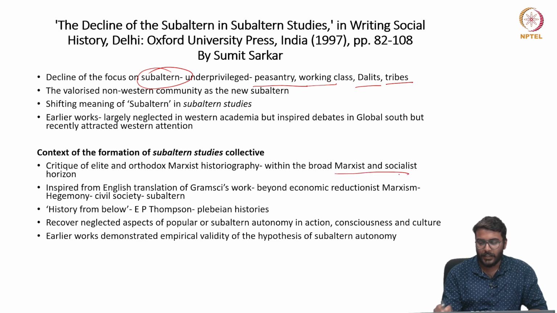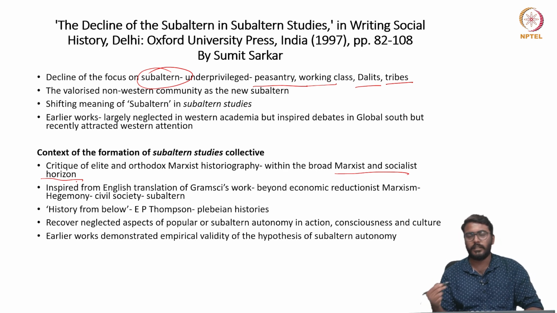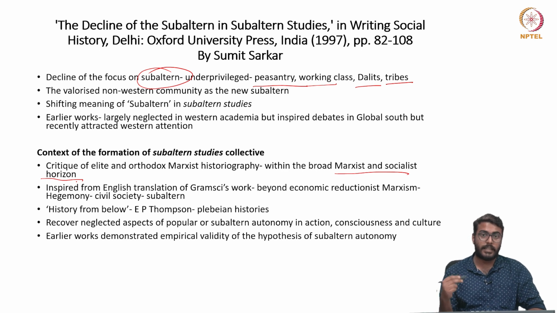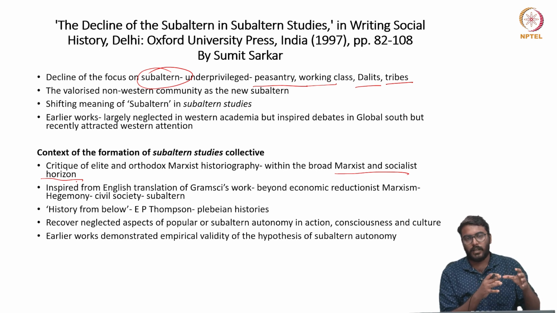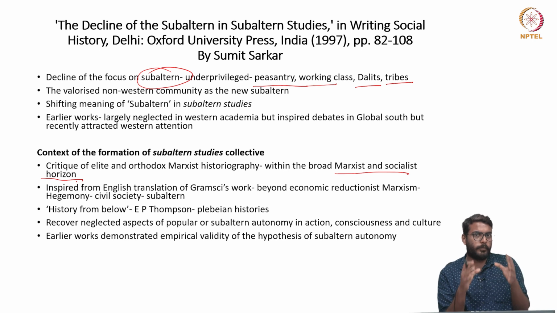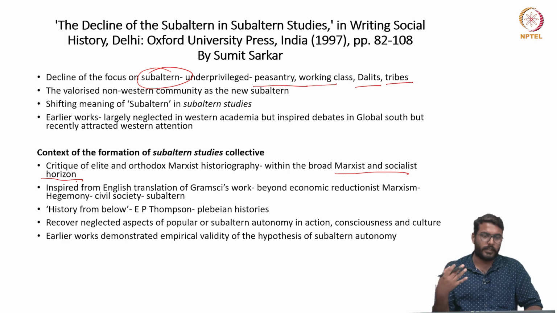So it is a movement within Marxism, but with a greater sense of what constitutes difference in the post-colonial context, right? How Marxist analysis should be sensitive to the different structures of the global south. So, it's a Marxism with a difference. That's what Sumit Sarkar says.